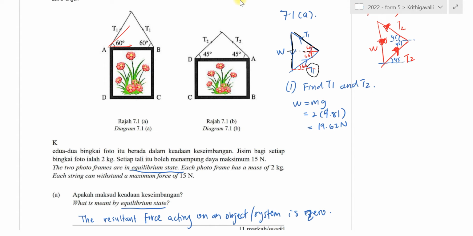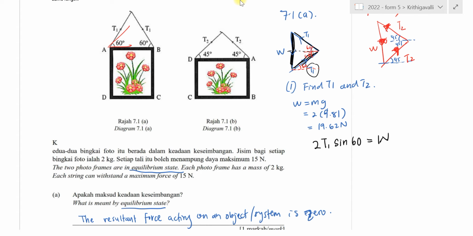This T1 sine 60 forms this half W only, and this other T1 sine 60, sine means opposite, forms another half W. So in total, we can make a conclusion using the closed concept: 2T1 sine 60 equal to W. We put in terms of expression first.